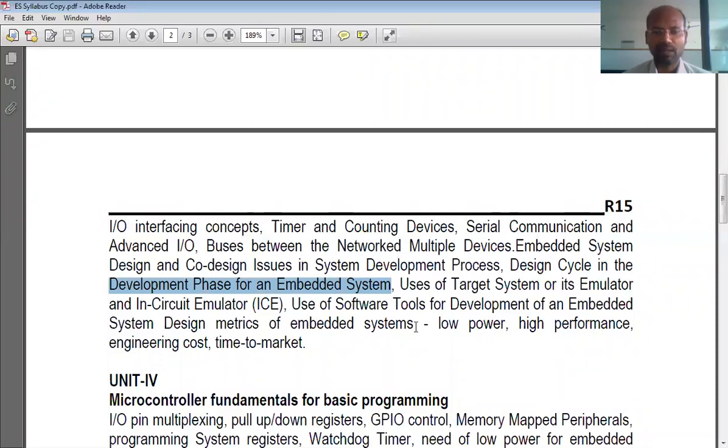In the fourth step, when everything is done, we put it to test. When the test gives correct results, only then do we produce it on a large scale. There are various steps involved in the design and development of embedded systems that we will see here. There are standard models. We'll talk about those models when we take up this topic in Unit 3.